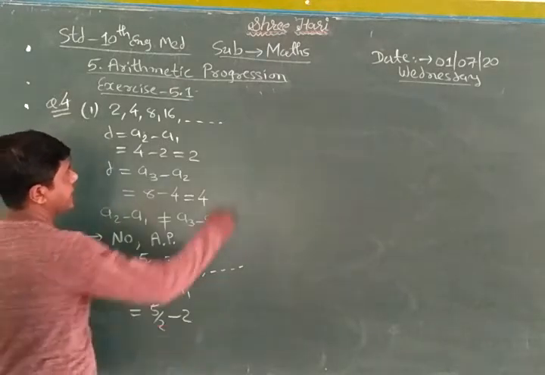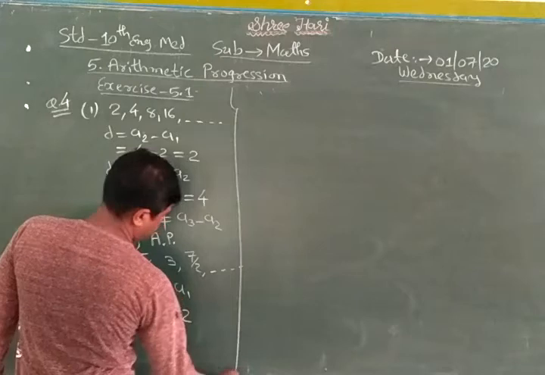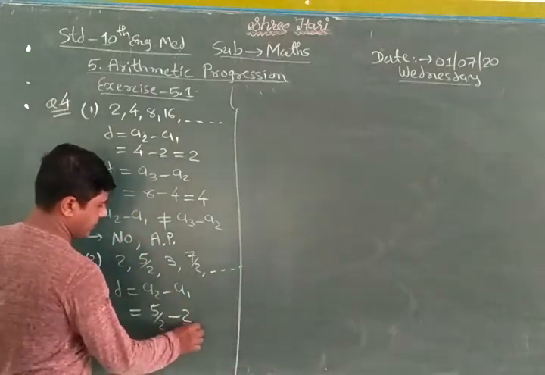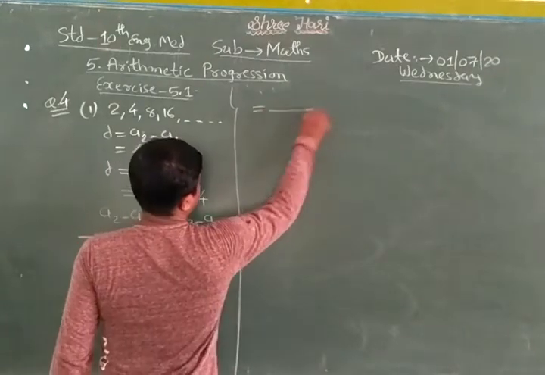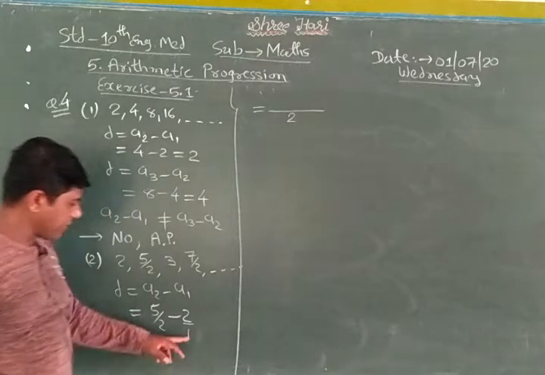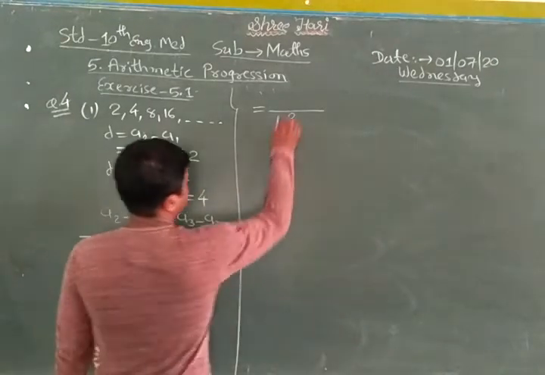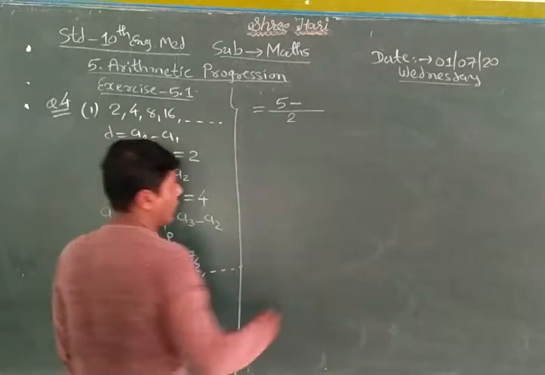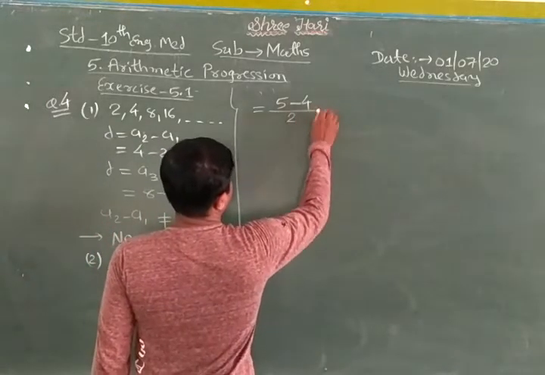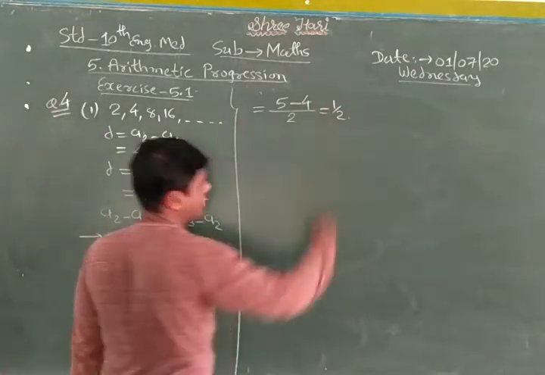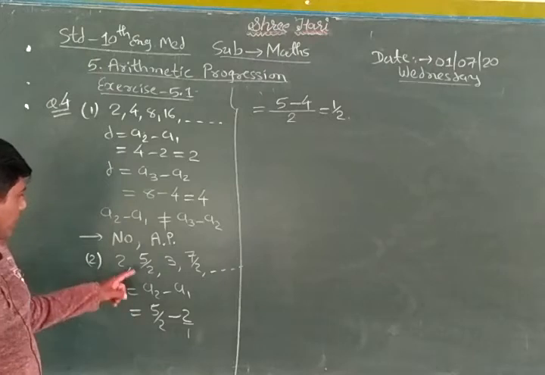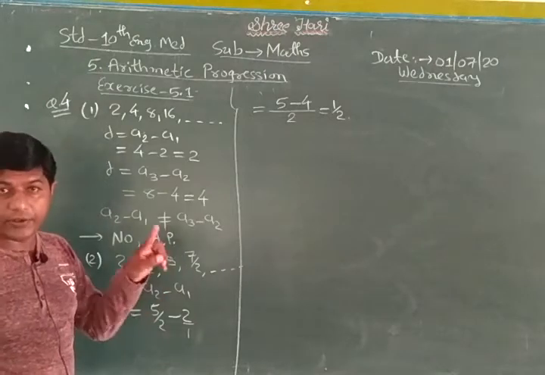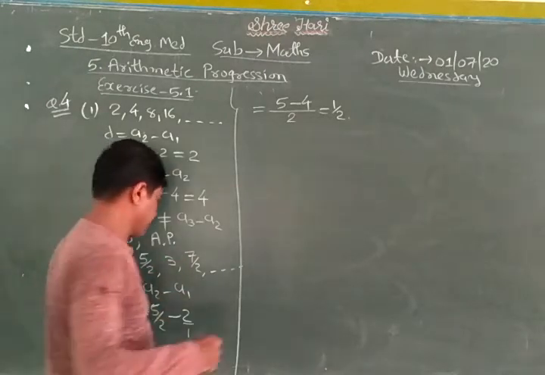First we take the LCM, 2 is the LCM. Cross multiply: 5 ones are 5 minus 2 twos are 4. So answer 1 by 2.